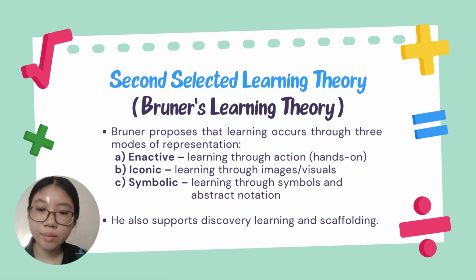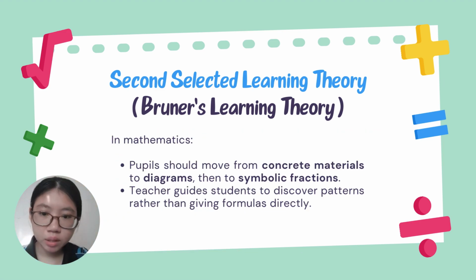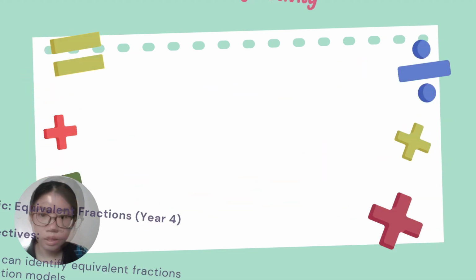Third is symbolic, learning through abstract symbols. Bruner emphasized discovery learning and scaffolding. In mathematics, pupils should move from concrete material to visual representation, and finally to abstract symbols. This gradual progression supports deeper conceptual understanding.